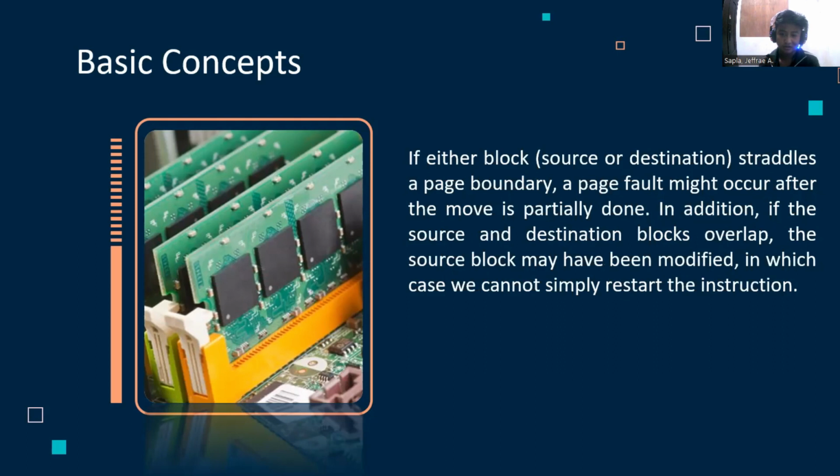If either block, source or destination, straddles a page boundary, a page fault might occur after the move is partially done. In addition, if the source and destination blocks overlap, the source block may have been modified, in which case we cannot simply restart the instruction.